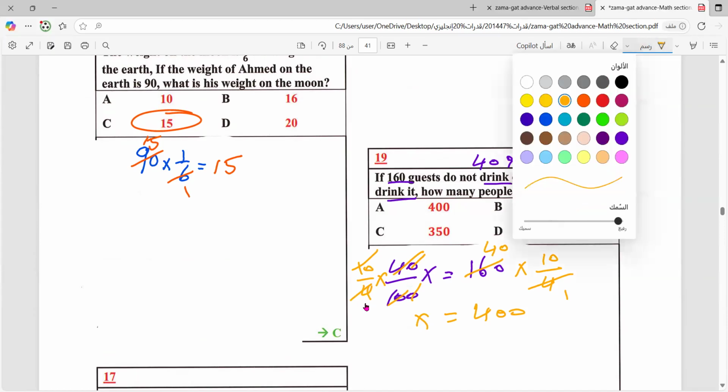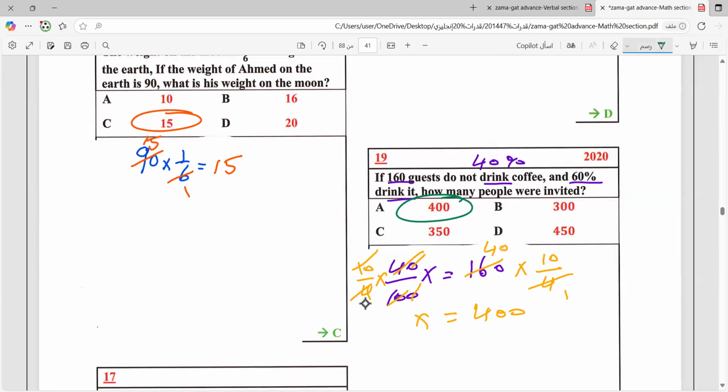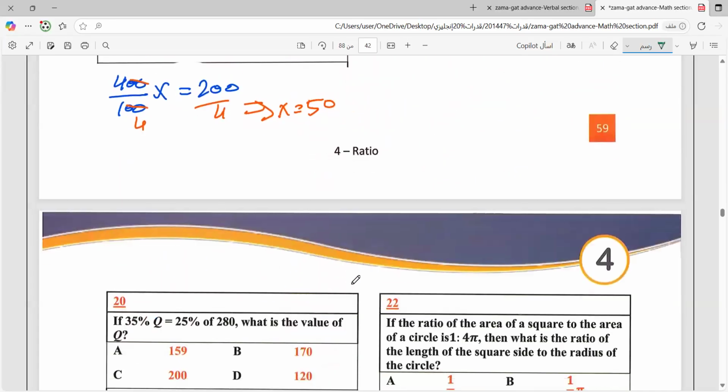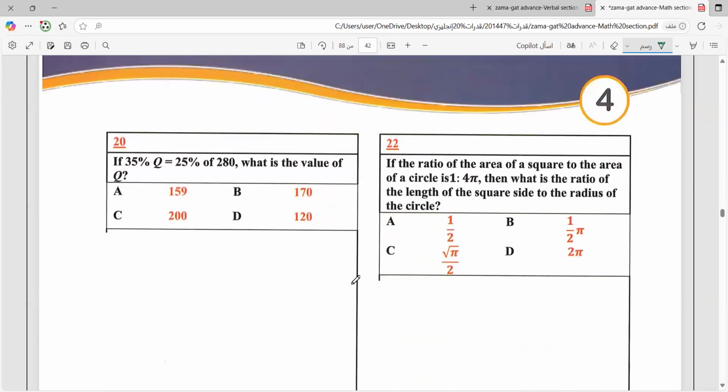The answer is 400. Clear? Yasmin, clear? Yes, it's clear. Okay. Number 20.